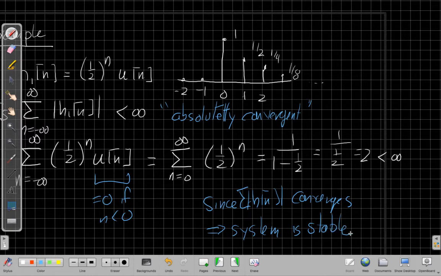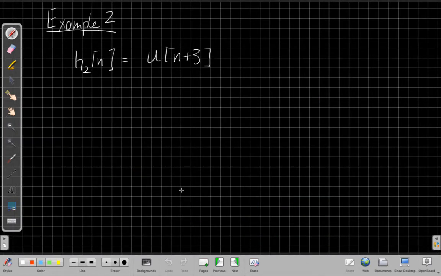Okay, so that's our first example. Let's look at one more. h2 of n is equal to u of n plus 3. And we already saw on the causality video that this unit step has been shifted left by three samples, right?